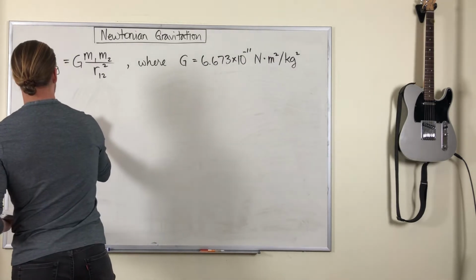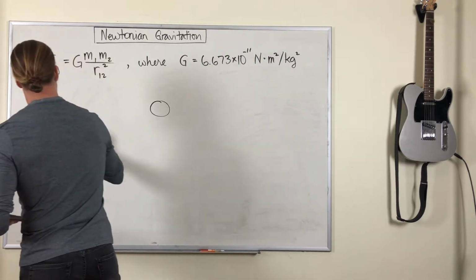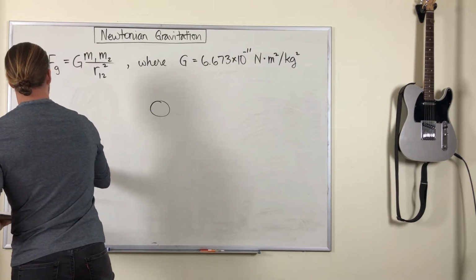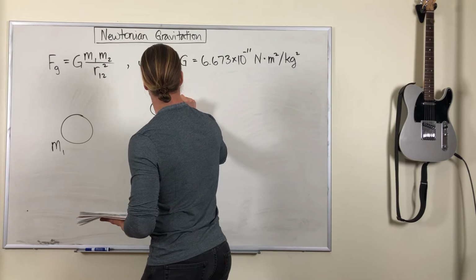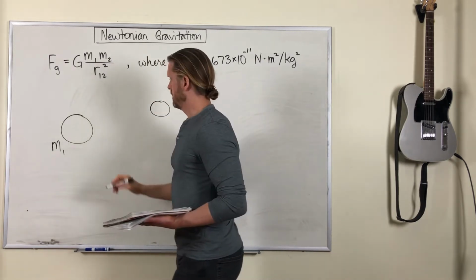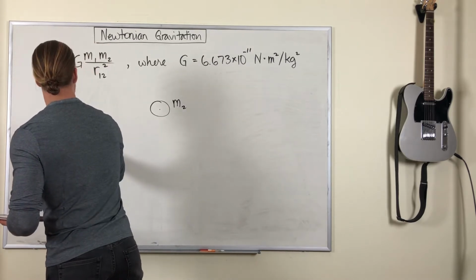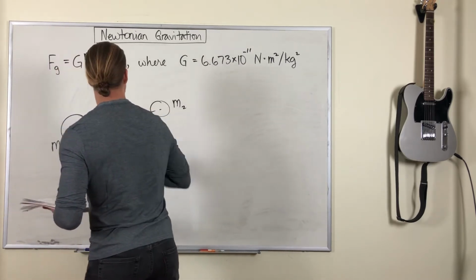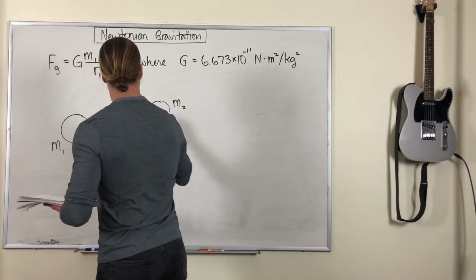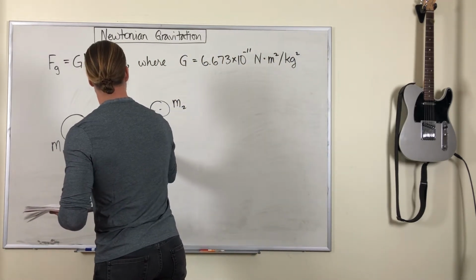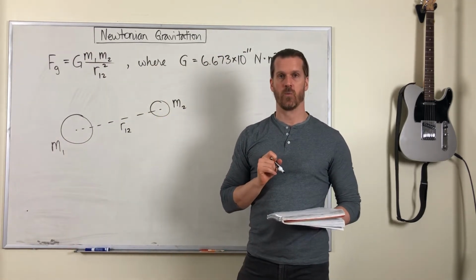Let's say we have 2 objects. Object 1 has mass m1. Object 2 has mass m2. And we can draw a line between the centers of those 2 objects, and we'll say that the distance between the 2 centers is r12.